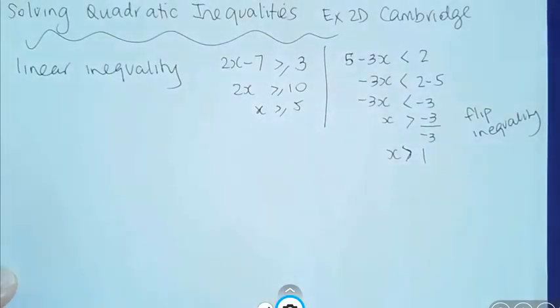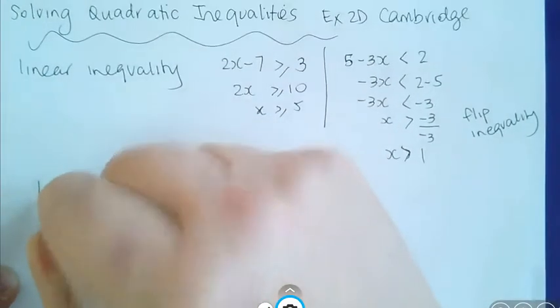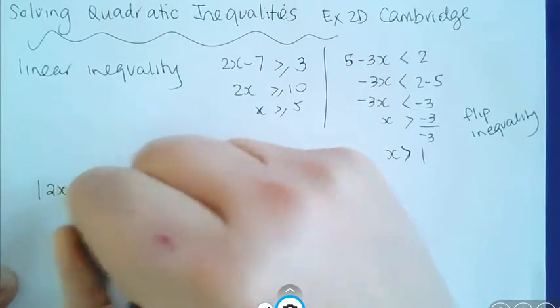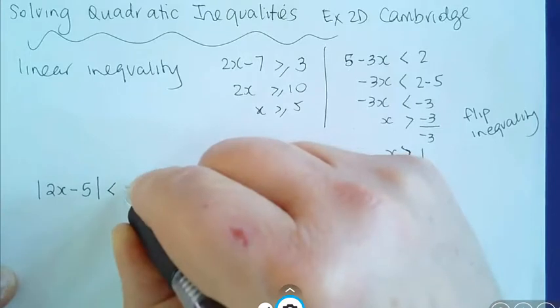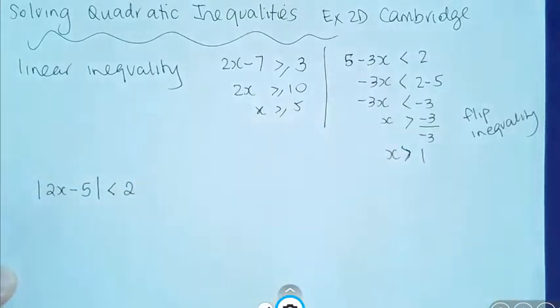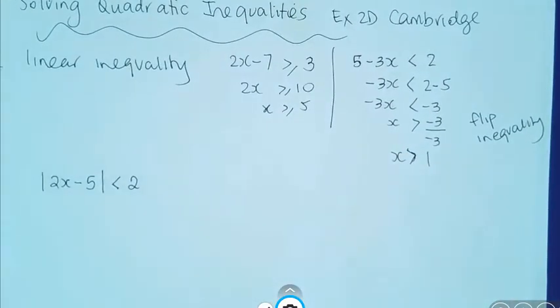Just reviewing what you've done before, because it is good revision, you may see something like this. Do you remember how to solve these? This is an absolute value inequality.